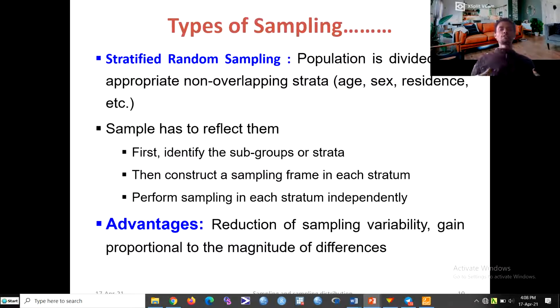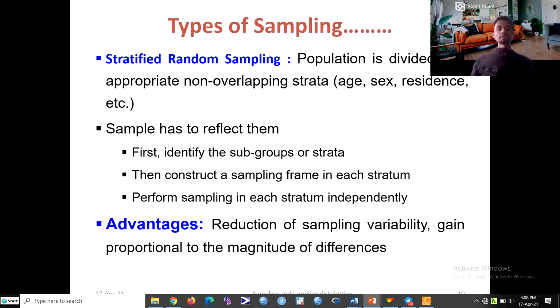What's the advantage of this sampling technique? This sampling technique is helpful to reduce sampling variability, and it gives a sample proportional to the magnitudes of differences.